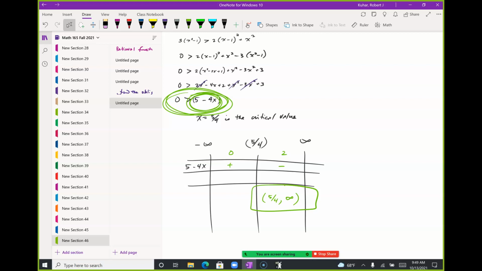It'll be an inequality, a rational inequality. Can you go back to how you get the 5/4 to infinity, please? Yes, so remember, I'm asking for 0 to be greater than 5 minus 4x, right? So that means the answer has to be negative. So where I got my negatives from, I grabbed that interval.